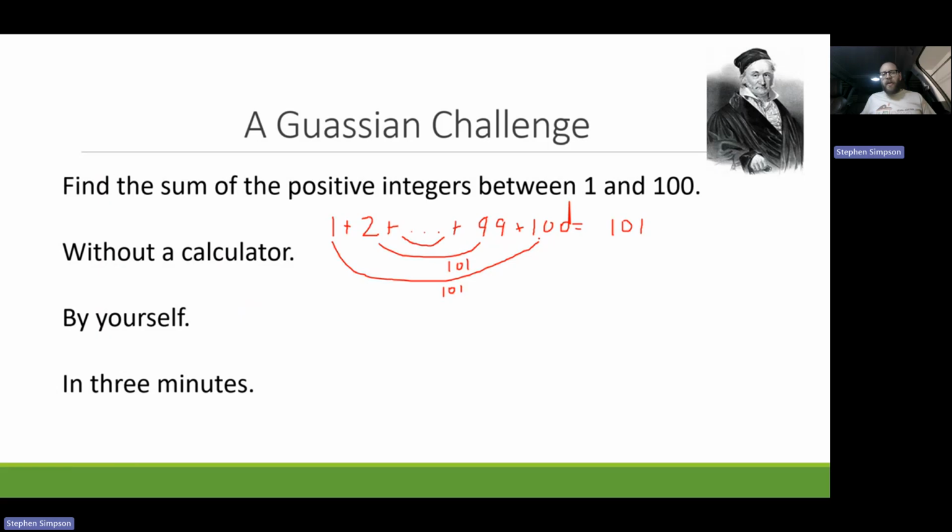So if I pair them together, that makes 50 pairs. So that 101 would happen 50 times. Or 50 times 101. So that is a strategy we can use to add a series of numbers.